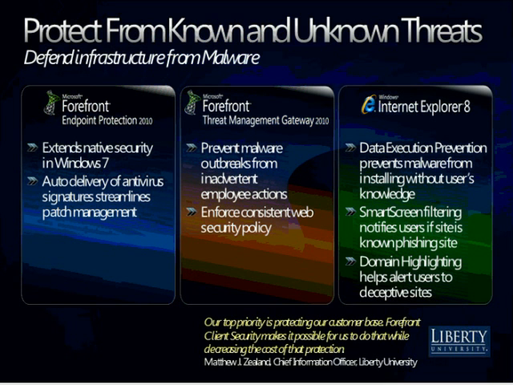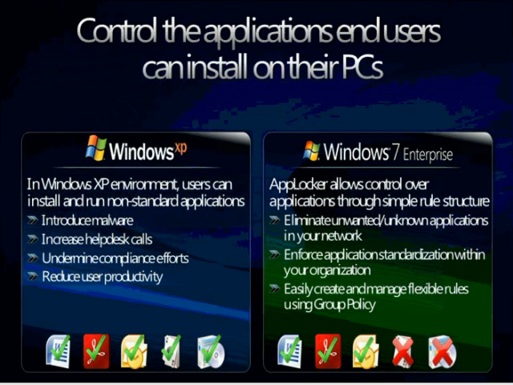But another way that they are exposed to malware or disruption is from end users downloading unauthorized applications, a phenomenon that I'm sure you're familiar with in most organizations. And here again, Windows 7 Enterprise has a feature called App Locker, which helps to control which applications an end user can install.